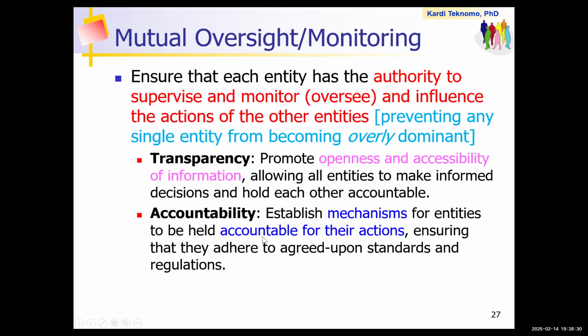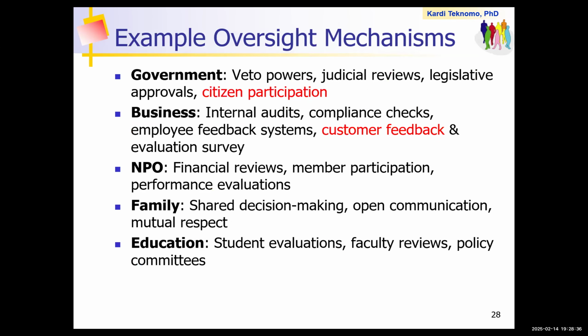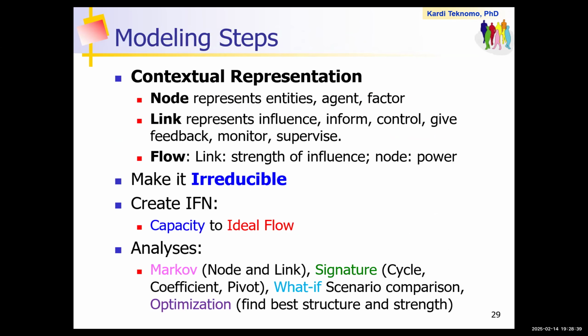And then of course you need to create accountability. That means you need to create a feedback loop. So this is the main part that you need to remember. The nodes are entities, agents, or factors.